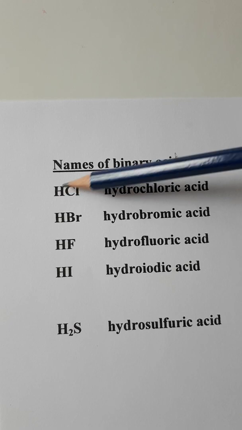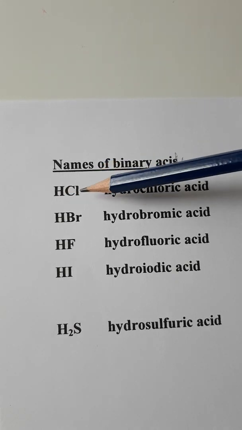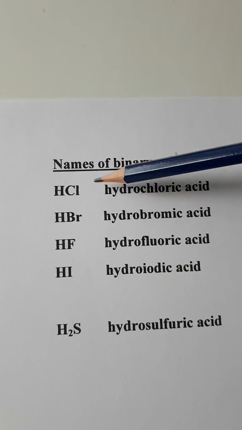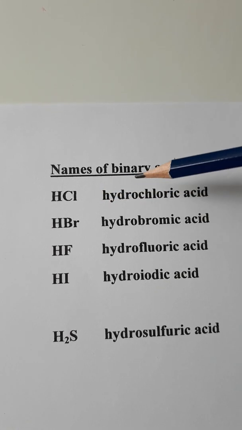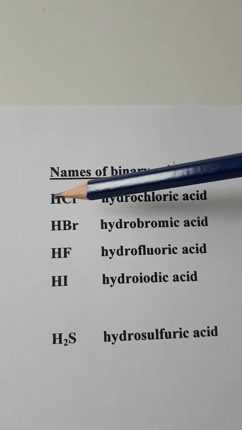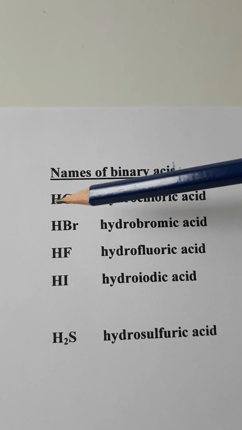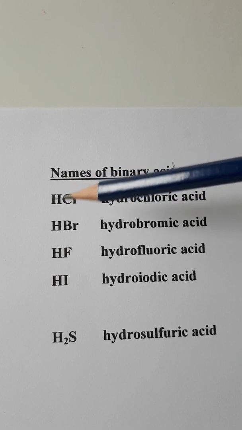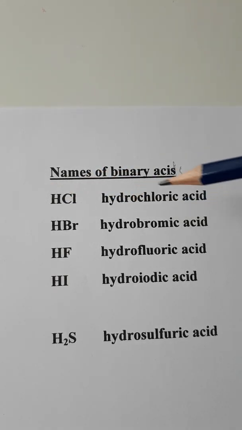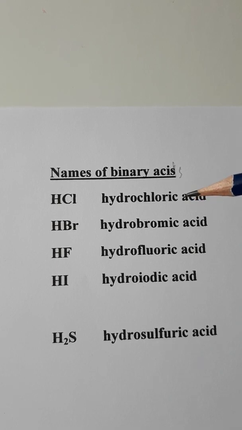So when H combines with atoms like that, the names are like this. So if you dissolve this compound in water, usually it is called hydrogen chloride. If you dissolve that in water to make an acid, the name is hydrochloric acid. So this is how you name binary acids.